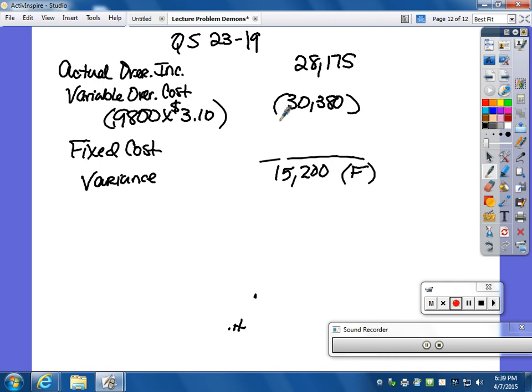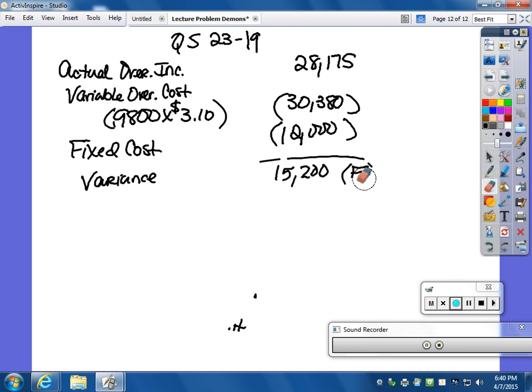Fixed costs are 12,000. All right, subtract the two.